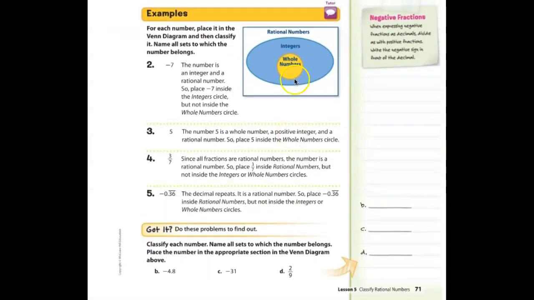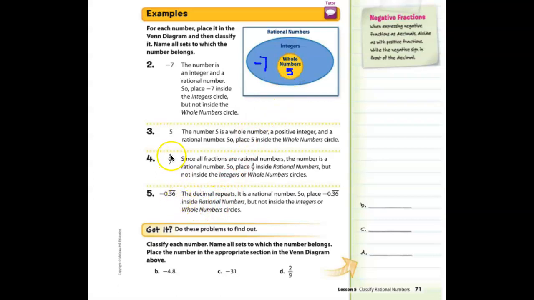All right, so when we come down here to these examples, we're just going to talk through this. Negative number 7: we want to put it in the appropriate circle. Whole numbers can never be negative. So what I need you to do right now is to write -7 with the integers, because integers can be negative. Positive number 5: that is a rational number, and it is an integer, but 5 can be a whole number, so we're going to put the number 5 in the middle circle.